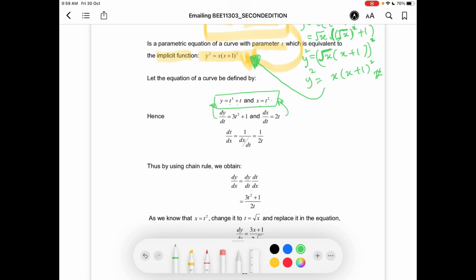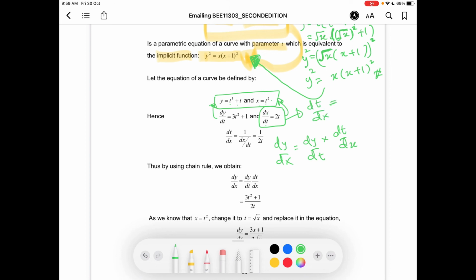Therefore, when we want to obtain dy over dx, you actually need to rearrange it from dy over dt times dt over dx. It means that you just need to change the dx over dt over here to become dt over dx.